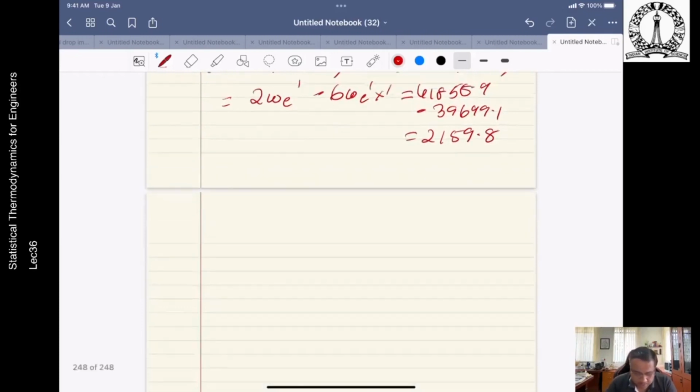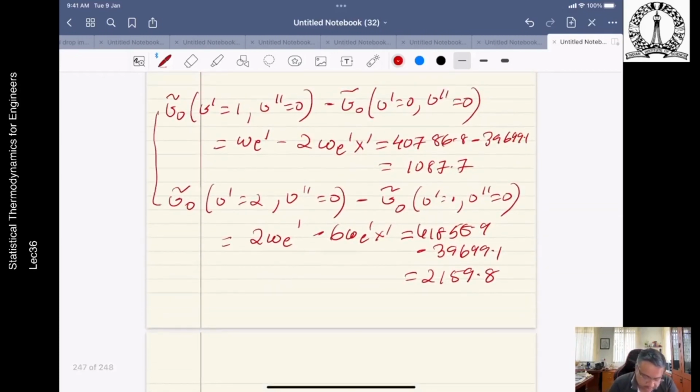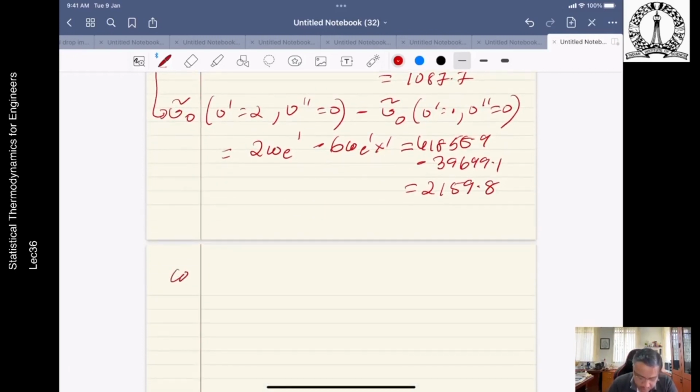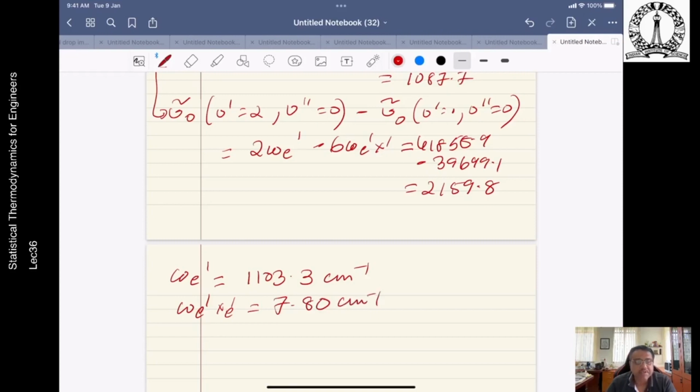Now if you solve these two equations simultaneously, you get omega_e' equal to 1133 centimeter inverse, and omega_e' x_e' equal to 7.80 centimeter inverse.